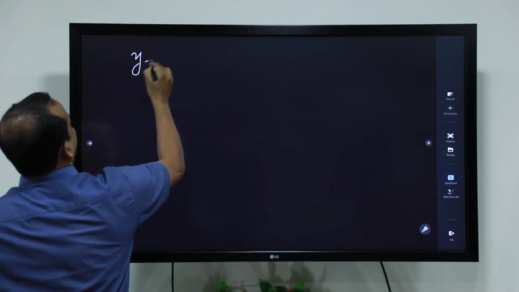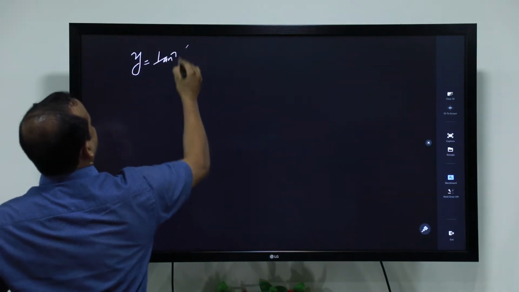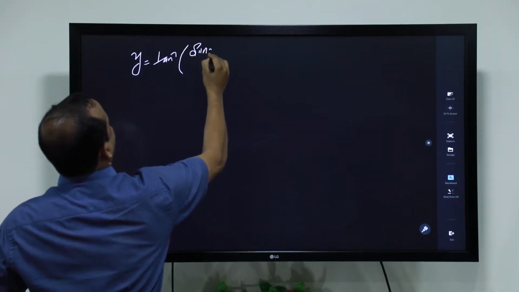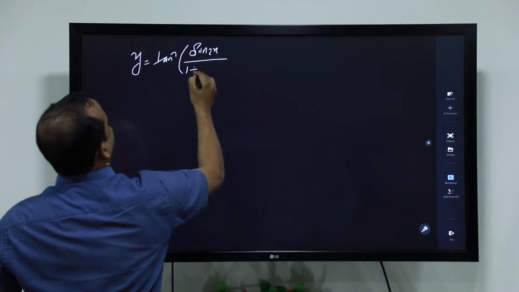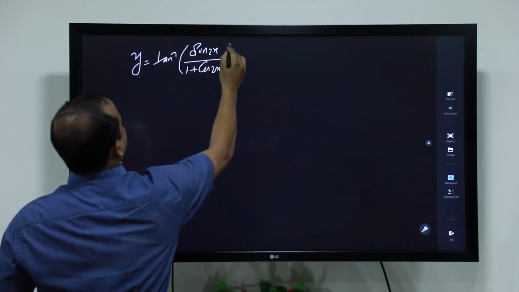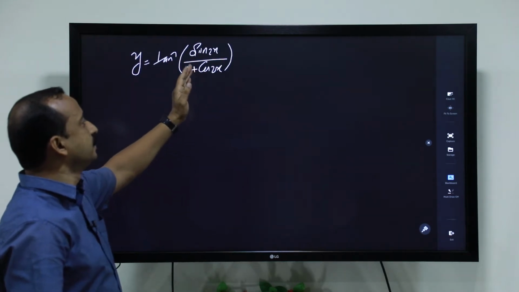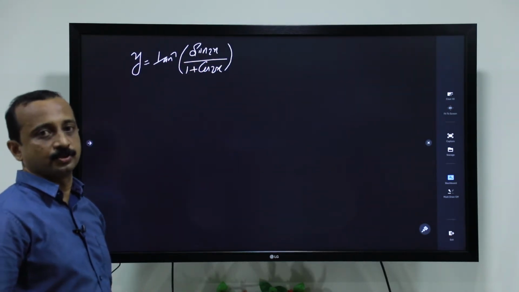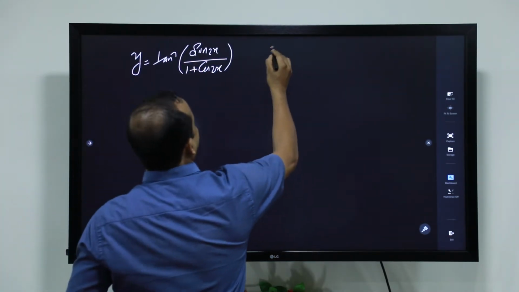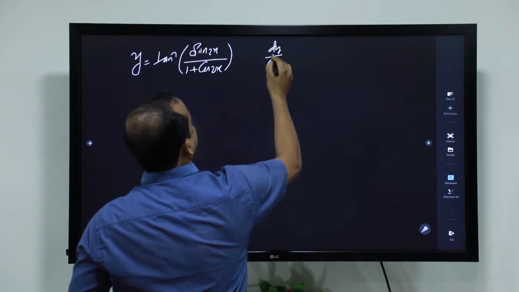Our question is: simplify y is equal to tan inverse of sin 2x divided by 1 plus cos 2x. Hence find dy by dx.